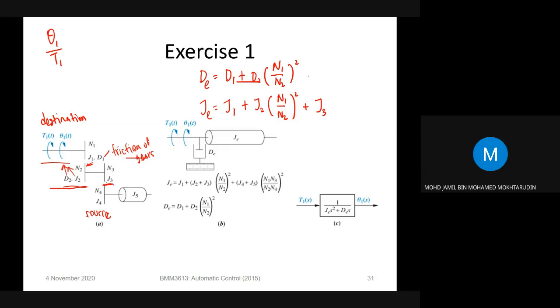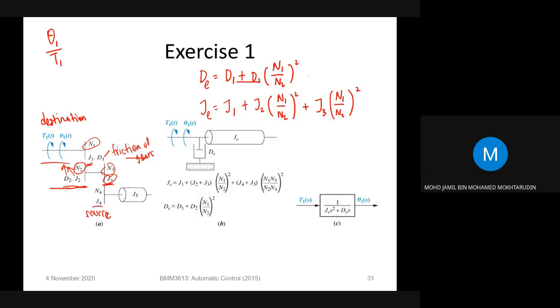So when J3 is here, basically the rotational speed of J3 and J2 are the same. The torque are the same. So basically to transfer J3, you only use the gears on J2. Okay. So you don't use N3. Okay. You use N2 and N1. So J3 times N1 over N2 squared.